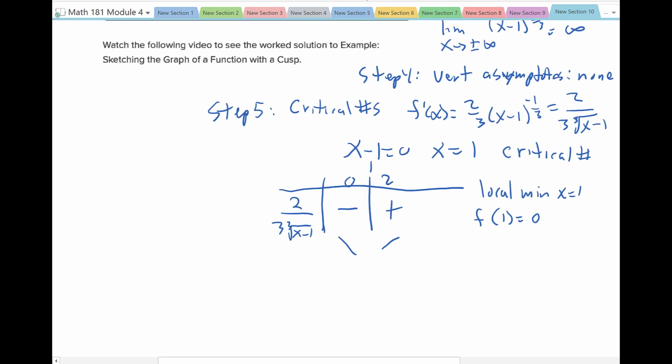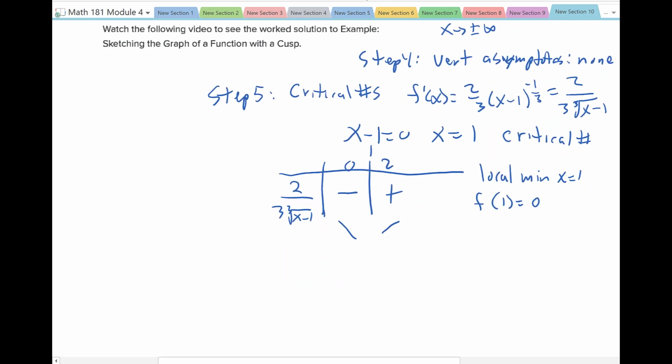So one thing to point out, if we look at this limit, this is kind of a special case, and we're going to see it in the next problem too. Limit as x approaches 1 from the right of 2/3 times the cube root of x minus 1, that's going to be infinity.